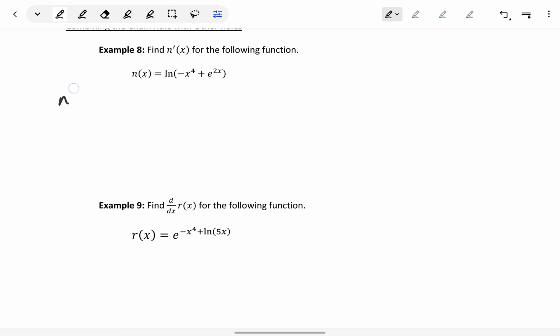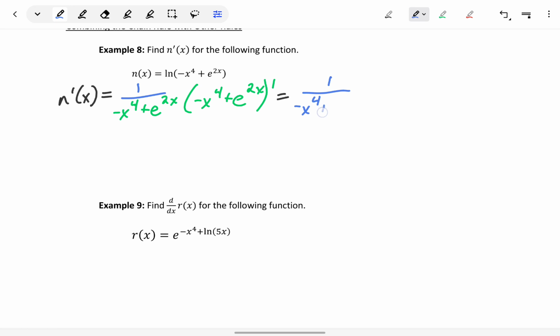This is a composite function, so we'll apply the chain rule to get 1 over negative x to the fourth plus e to the 2x times the derivative of that interior function, and the derivative of that interior function will be negative 4x cubed plus the derivative of e to the 2x, which is itself a composite function.